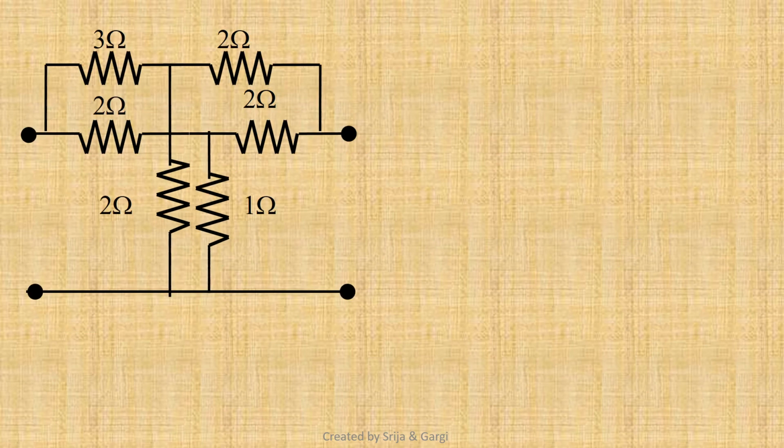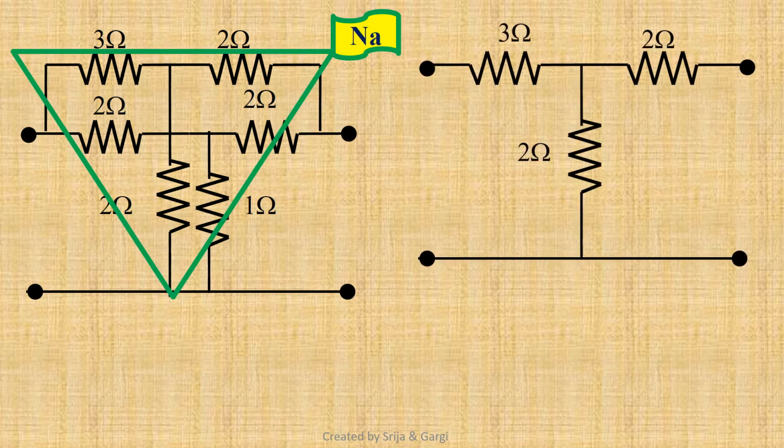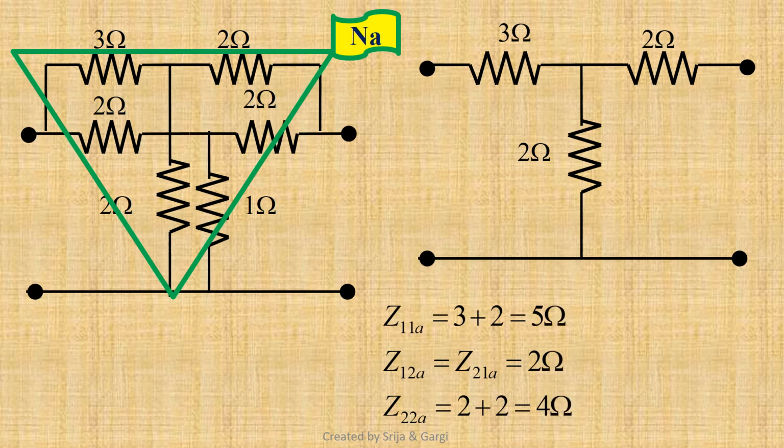Therefore, if we take out network A, we get Z11A equals 3 plus 2 equals 5 ohm, Z12A equals Z21A equals 2 ohm, Z22A equals 2 plus 2, that is equal to 4 ohm. So we can write matrix of ZA equals matrix of 5, 2, 2, 4.